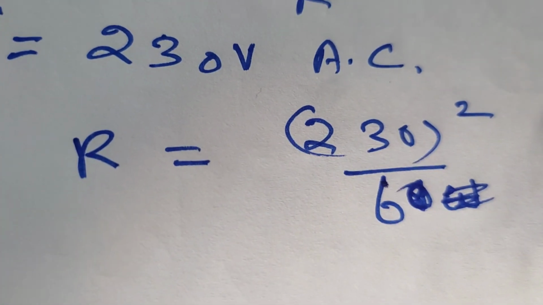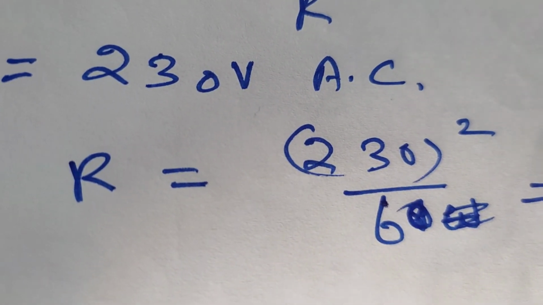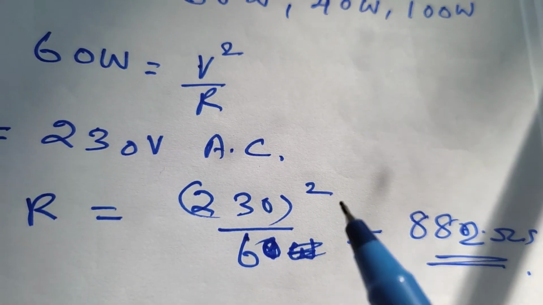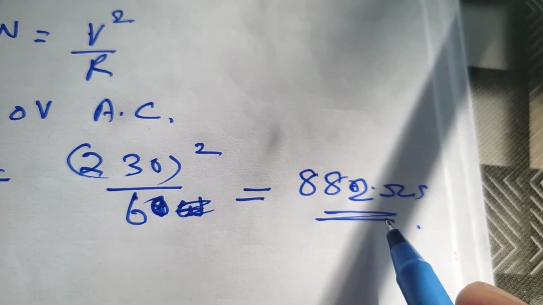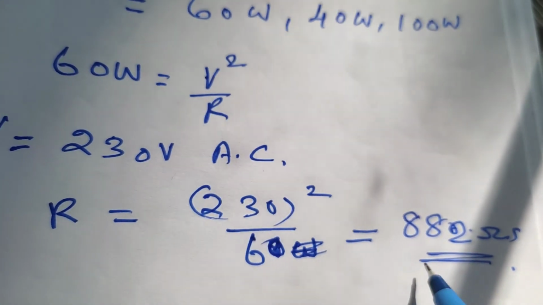So this way you can calculate the resistance of a bulb. 230 squared by 60 is approximately 882. So the resistance of the element is high.